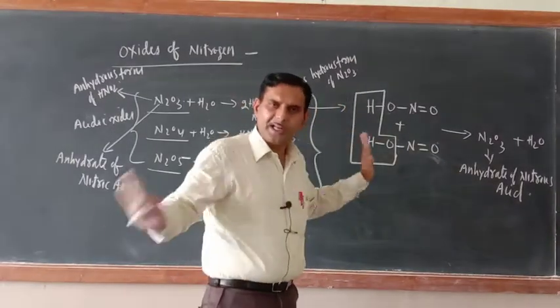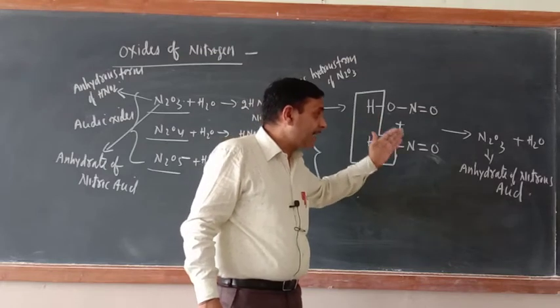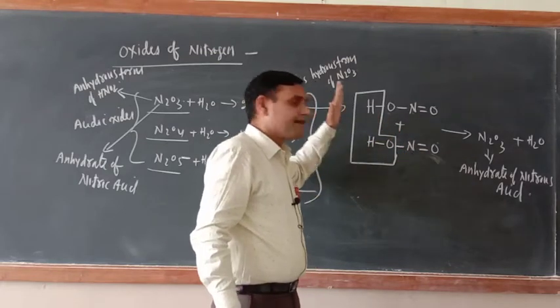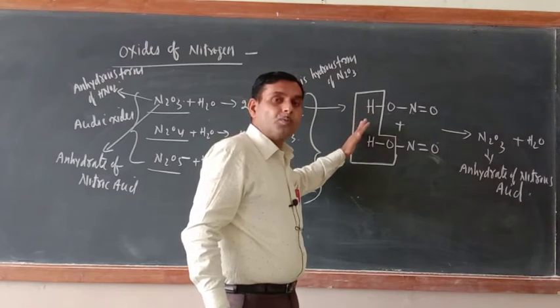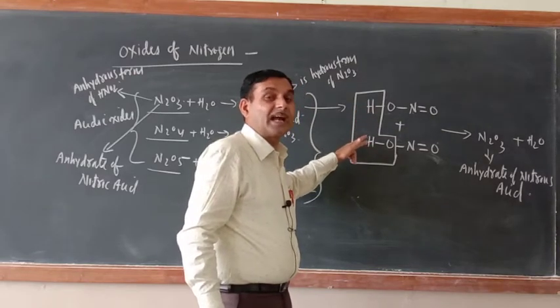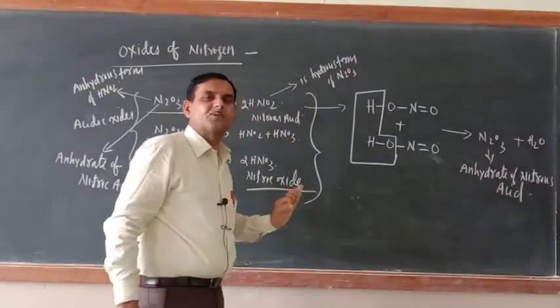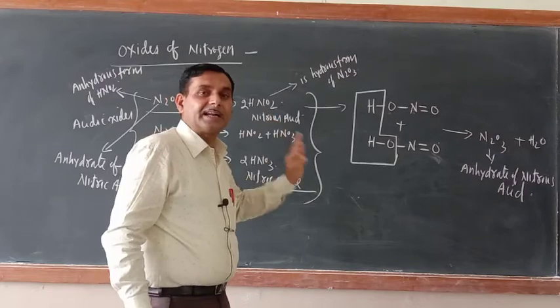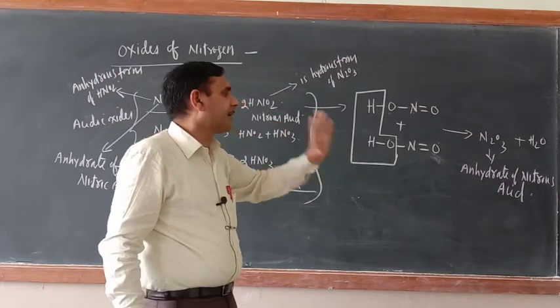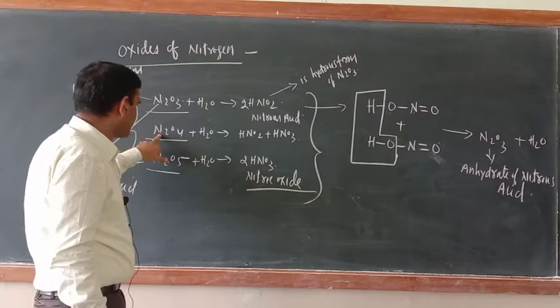I have not only written, I have proved why it is known as anhydrate of nitrous acid. Because if you remove 1 molecule of water from 2 molecules of nitrous acid, N2O3 is left. That is why this is known as anhydrate of nitrous acid.